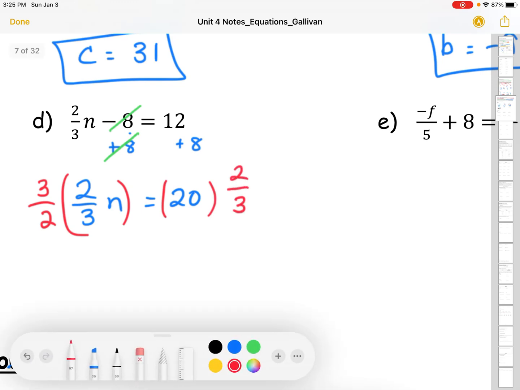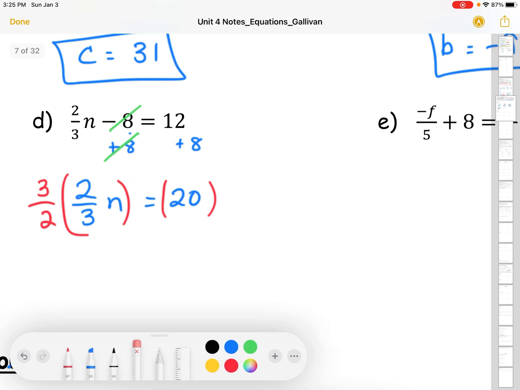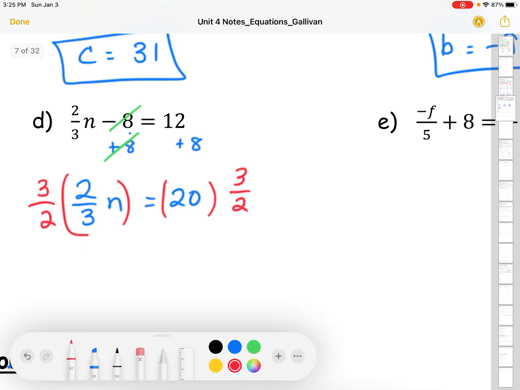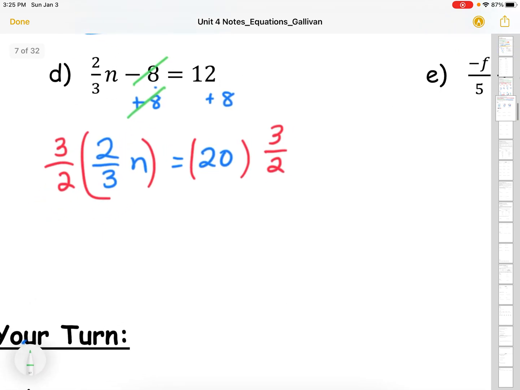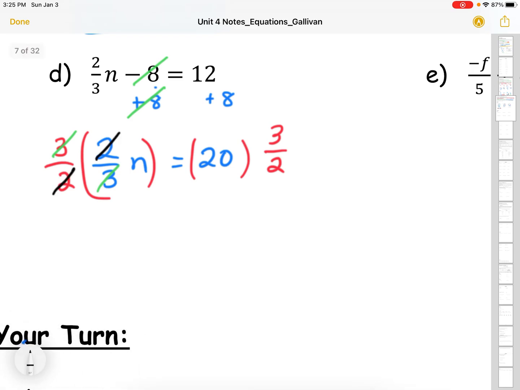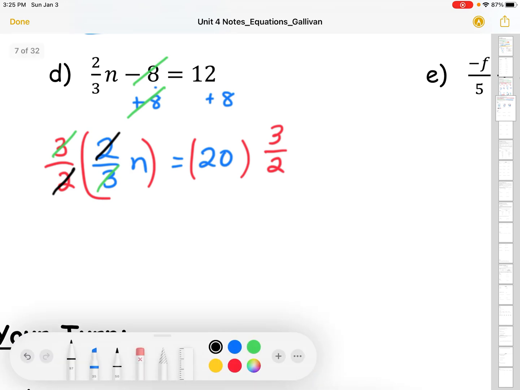Oh, no, it wouldn't, Miss Finley. Oops. Times 3. You got to do the same thing to both sides, right? Now, how does this work on this side with the n? Well, the 3 divides out with the 3 there, and the 2 divides out with the 2 there. So 3 divided by 3 is 1, 2 divided by 2 is 1.